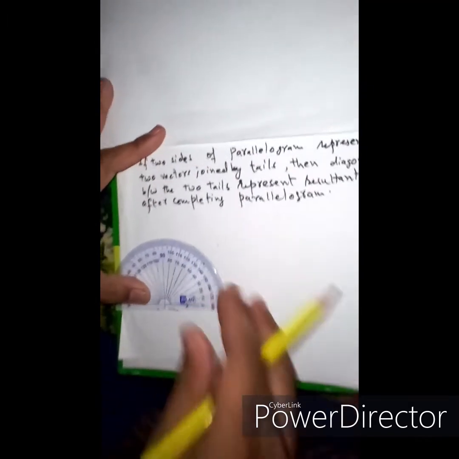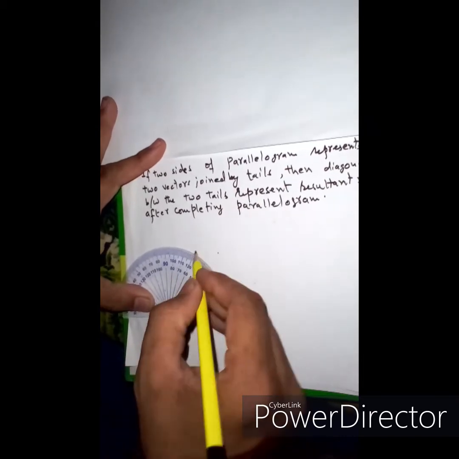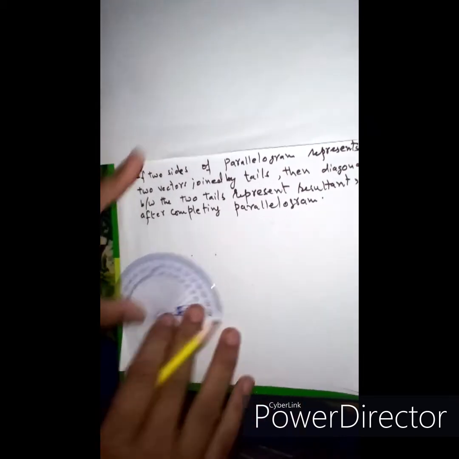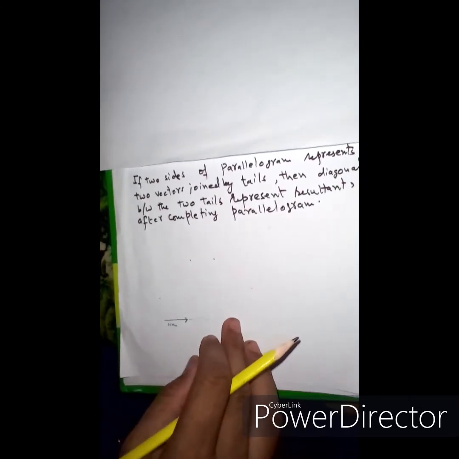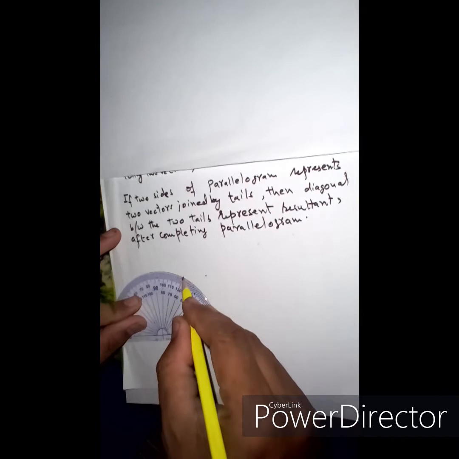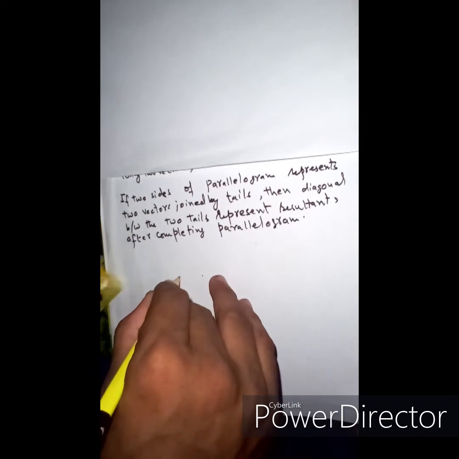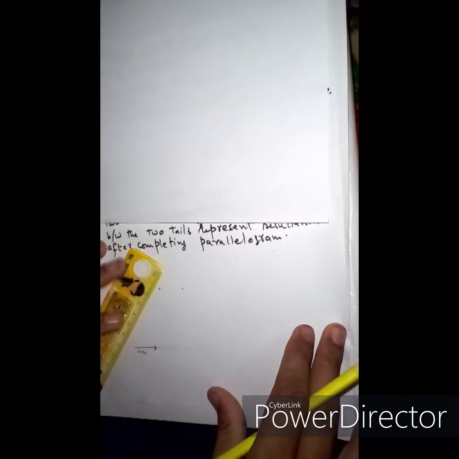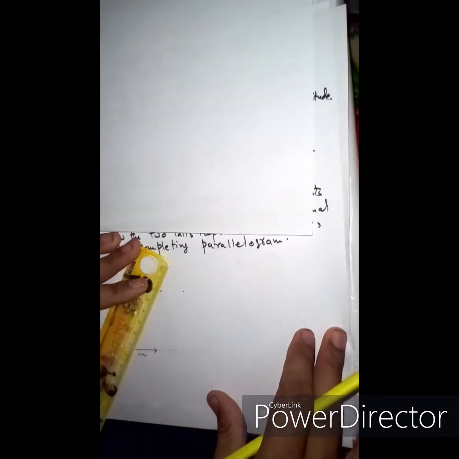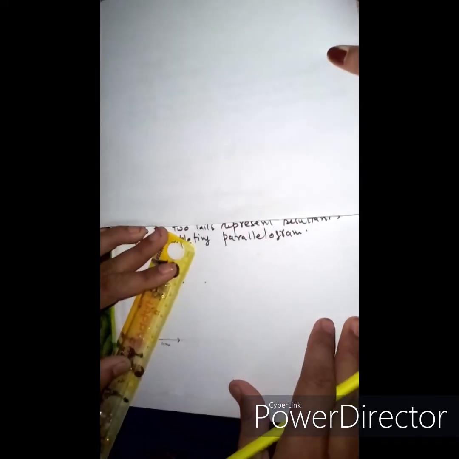Yes, 60 degree, this one is 0, 10, 20, 30, 40, 50, 60. And 40 Newton means 8 centimeter in this way, and that must pass through this point.